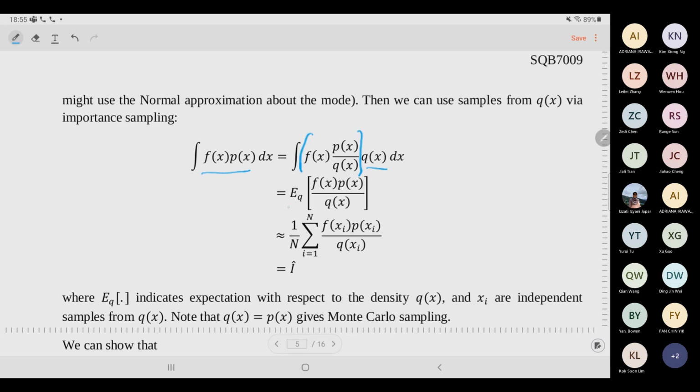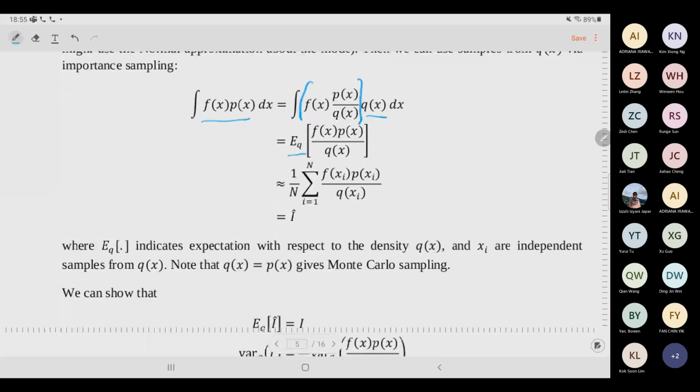So this is now an expression against q. When you do the Monte Carlo, you sample from q. Then the new function is this, and you take the average of this new function, sum over 1 over n, and this is the estimator of your expectation of f(x).